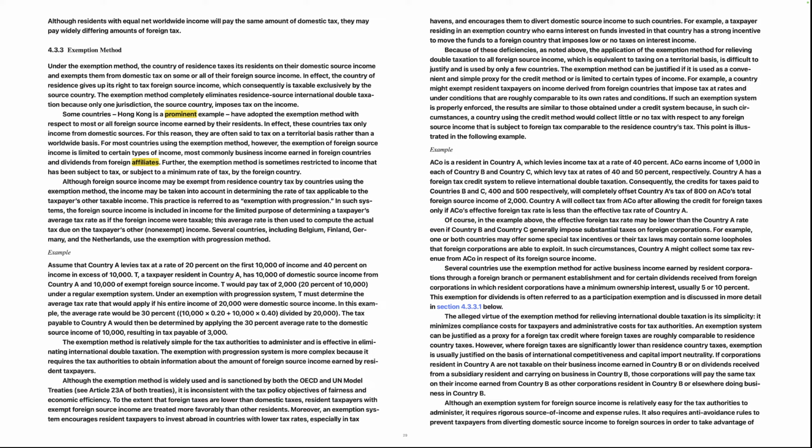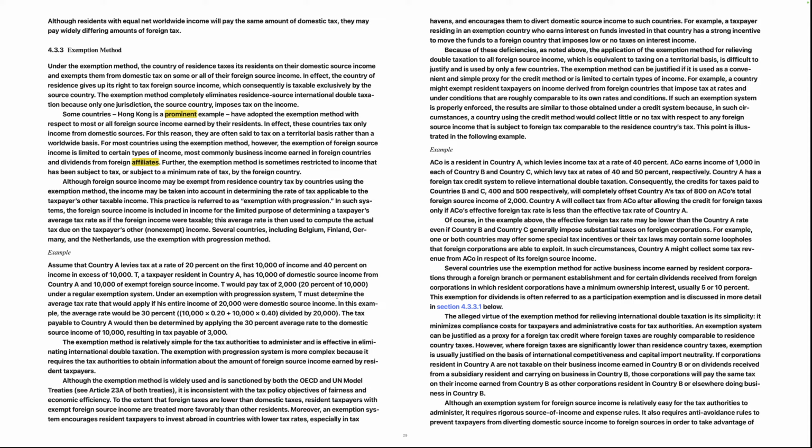The tax on the entire 20,000 is 2,000 on the first 10,000 plus 4,000 on the excess at 40%, for a total of 6,000, which is 30% of 20,000. Country A levies tax at a rate of 20% on the first 10,000 of income and 40% on income in excess of 10,000.